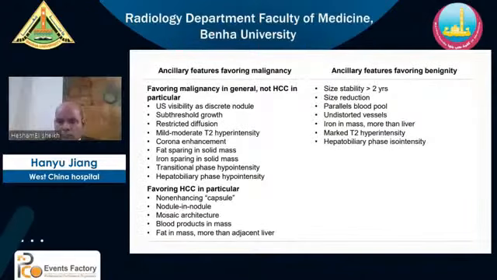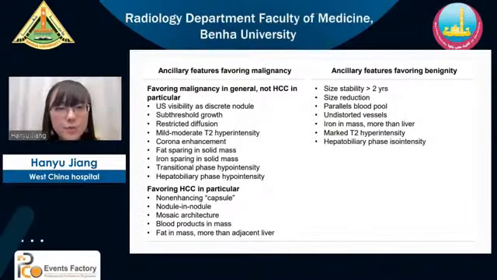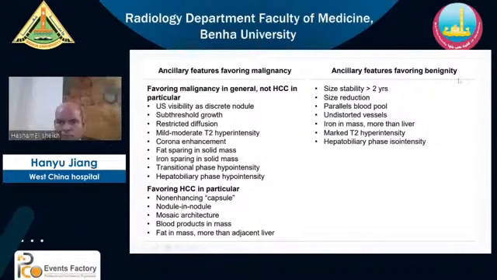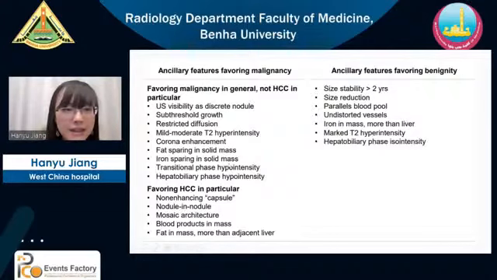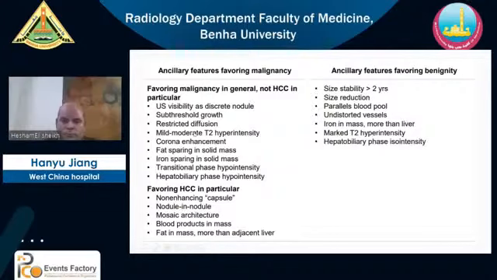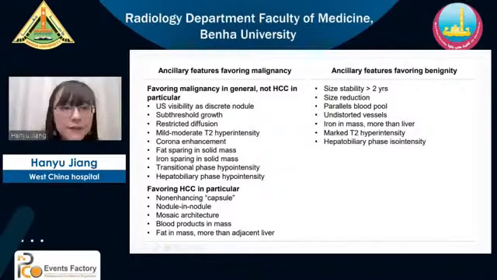Then let's move to ancillary features. Broadly, ancillary features in LI-RADS can be categorized as ancillary features favoring malignancy and those favoring benignity. Among the first category, the ancillary features can be further divided into those favoring malignancy in general, but not HCC in particular, and those favoring HCC in particular.